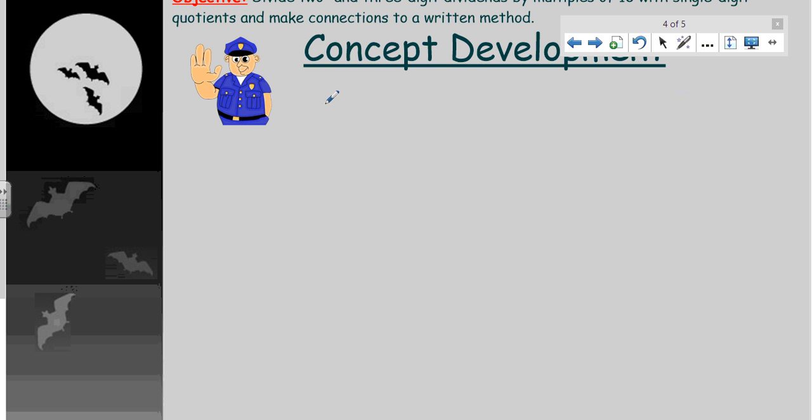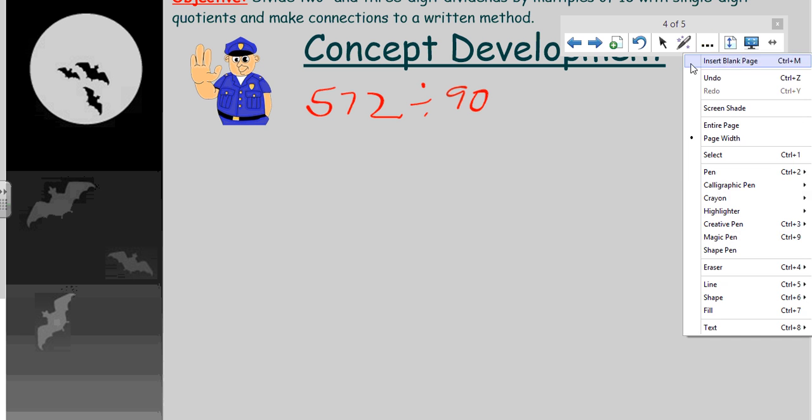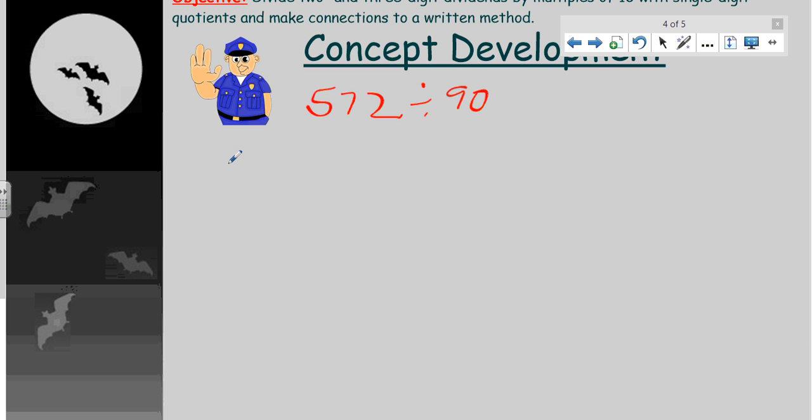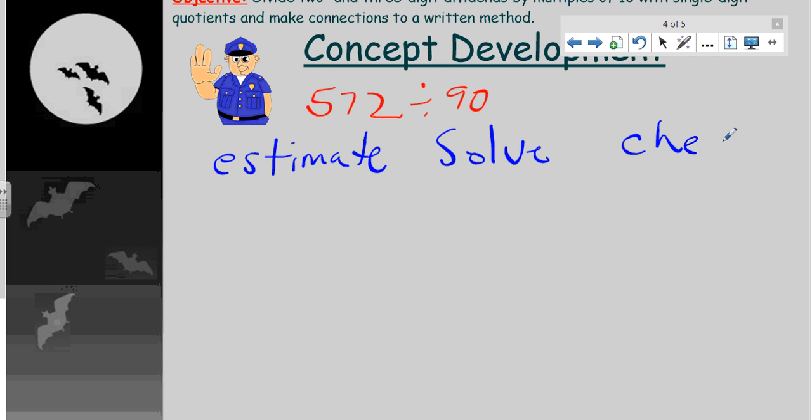Let's do this mega problem. 572 divided by, should we say 90? Okay, so again, what I'm going to try to do here is create my little bubble again. So we're going to do the estimate. And let's break this up like this. We'll do this here in the solve. And then, of course, we're going to go back and check our work.